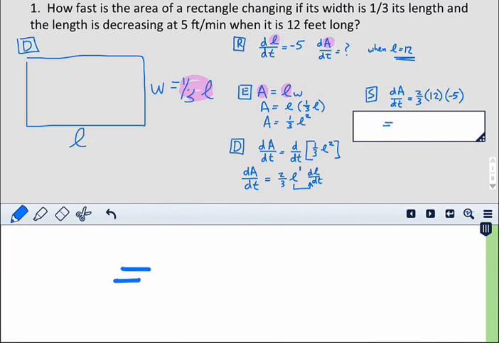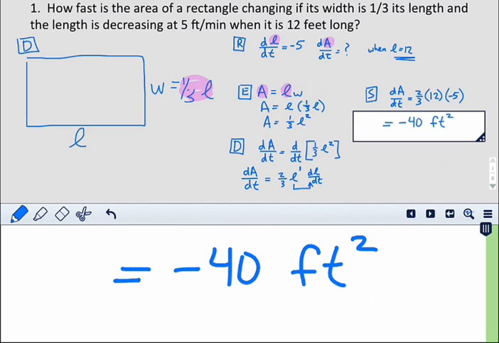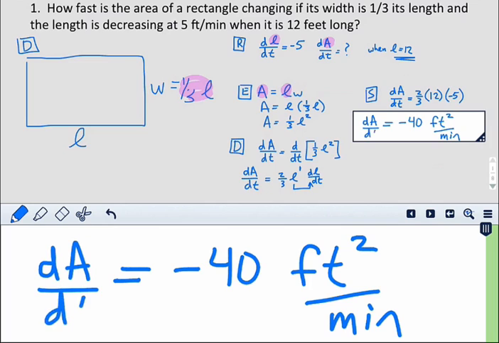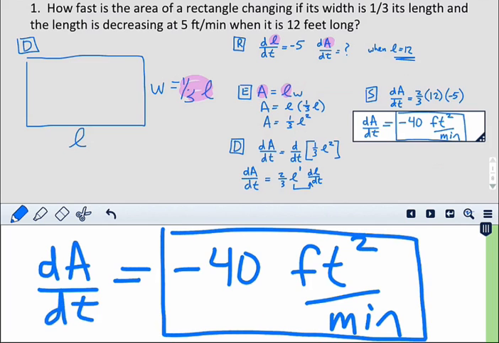So when you simplify this now, we're going to get -40, and we're going to add our units of feet squared per minute. And that is the rate of change of area with respect to time when the length is 12 feet. So it's actually decreasing by 40 square feet per minute.